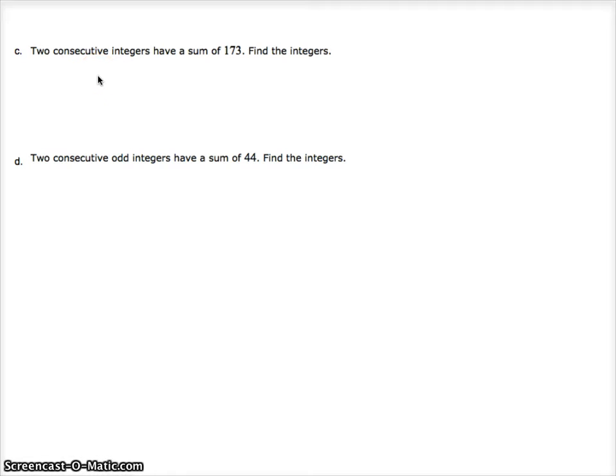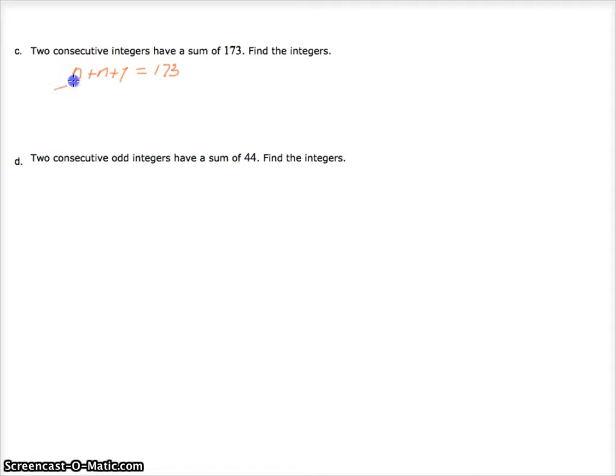It says two consecutive integers have a sum of 173. Find the integers. So for two consecutive integers, we have to look at integers as just two regular values. So we'll have one integer is n, and then the next integer is going to be n plus 1. So we have n plus n plus 1 equals 173.